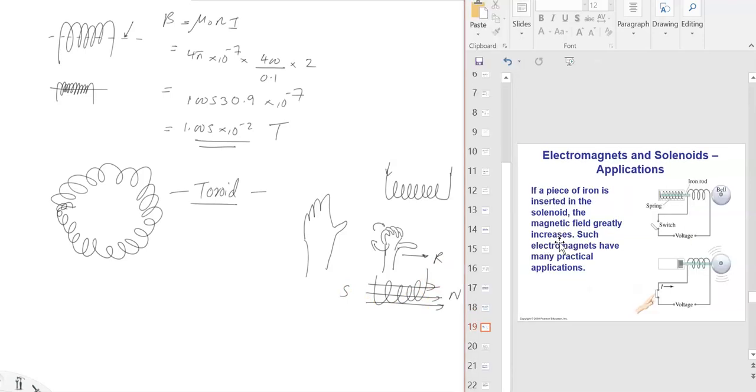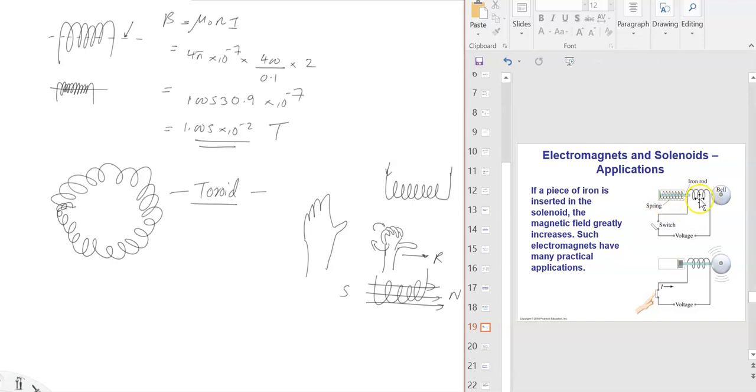Here's some simple applications. Nowadays you don't see these things anymore because all these doorbells and all that are electronic. But this is what the old-fashioned thing looked like. So when you turn the switch on, there's a coil here.